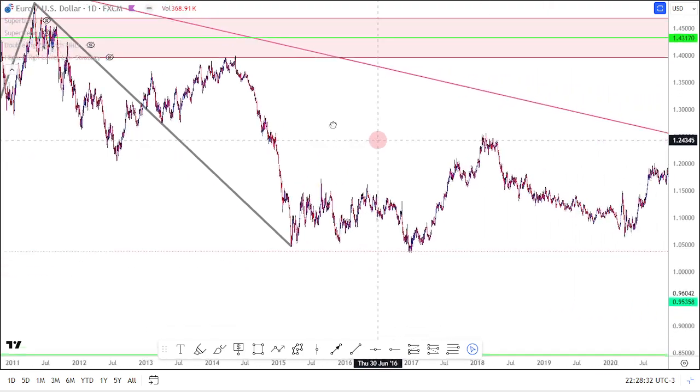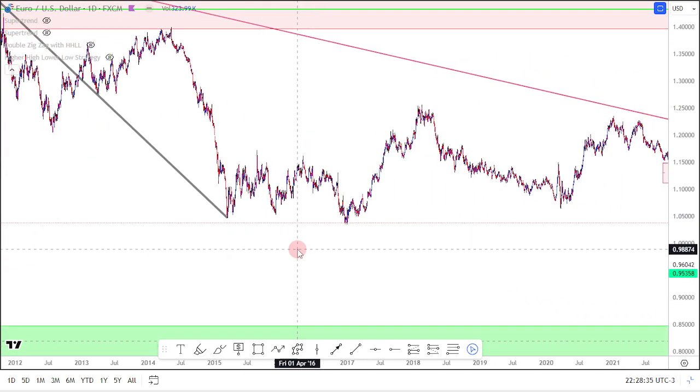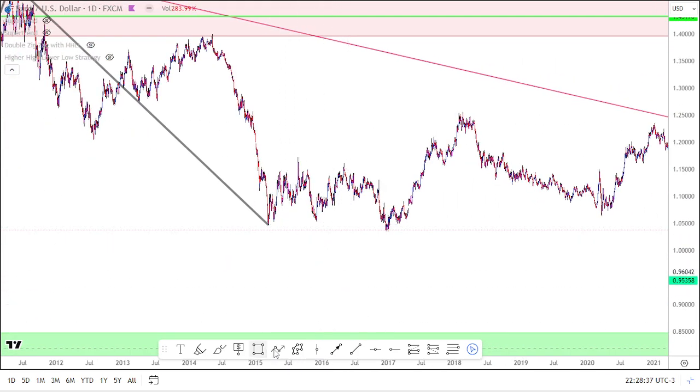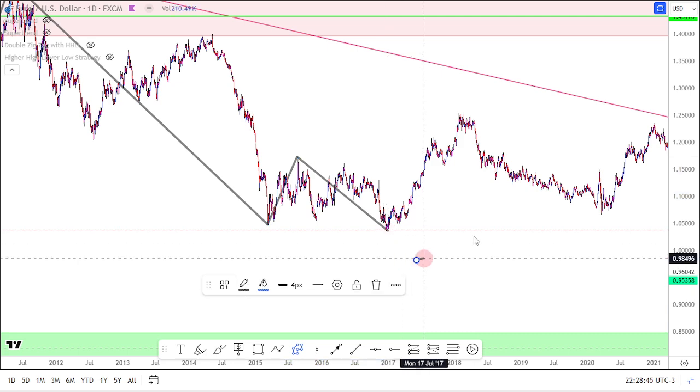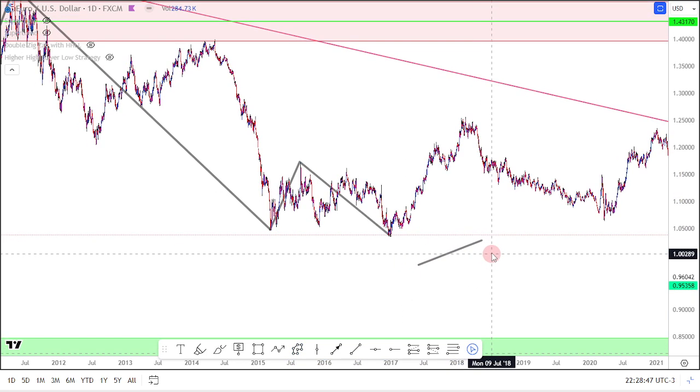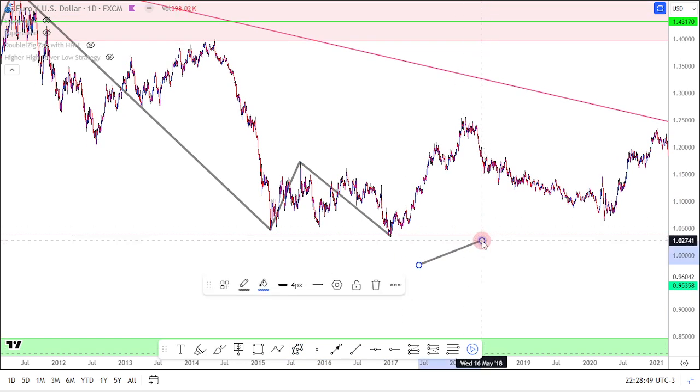Okay, weekly time frame, so we have extension, retracement here, and then we have retracement here, and then we have extension at this level. Okay, then what happened at this level?